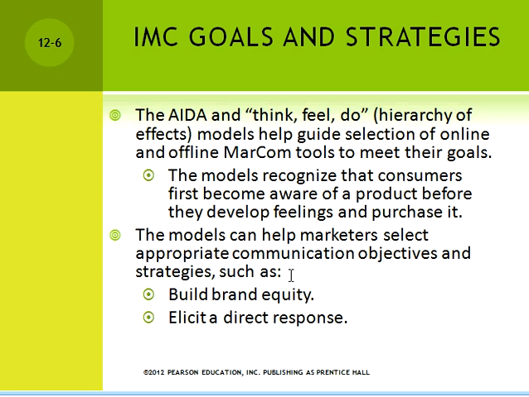The models can help marketers select appropriate communication objectives and strategies, such as building brand equity or eliciting a direct response. So in some cases, you just want to have a direct response on your campaign. A good example of that would be Hyundai cars, which had a campaign in the US in which they wanted to create awareness about their brand and the good features of the brand.